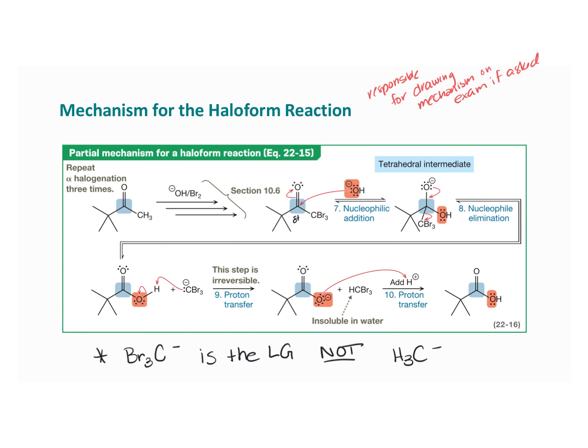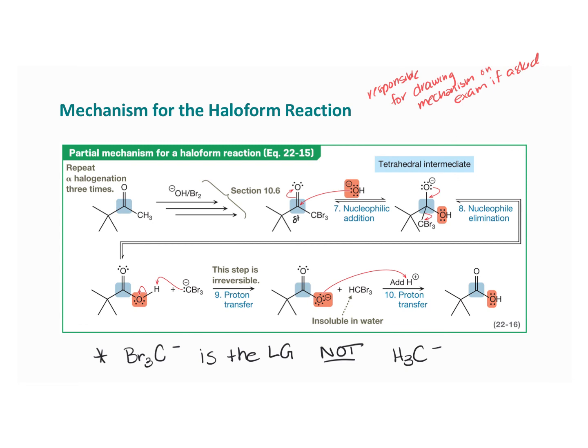So what this mechanism does is it takes a really poor leaving group, which is CH3-, and the first 6 steps turn it into a better leaving group, because the bromines on the carbon withdraw electron density from the carbon, stabilizing it. So that Br3C- is a more stable leaving group.